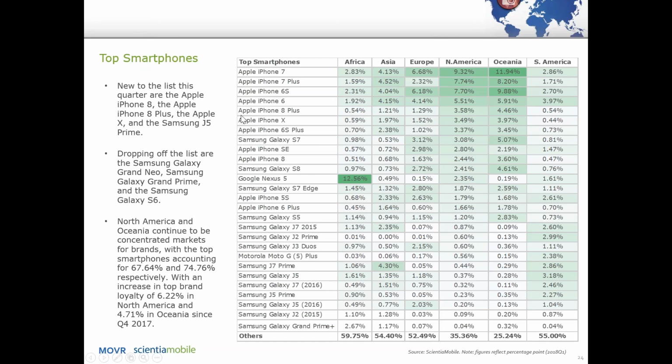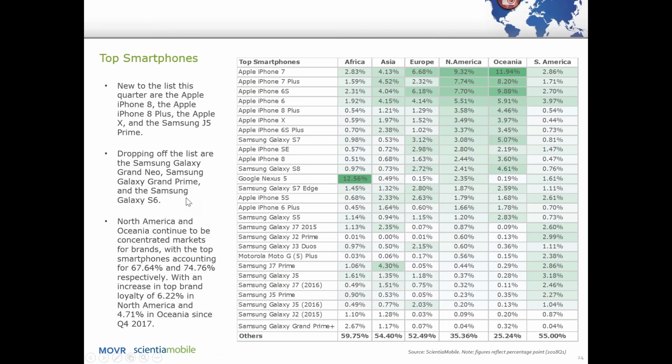So this is the first quarter we've started to see them, and in the U.S. and Oceania, that being Australia and New Zealand, they have pretty strong adoption patterns, and we're continuing to see it grow across a number of different continents. Dropping off the list, we saw the Galaxy Grand Neo, the Grand Prime, and the Samsung S6 drop off the top smartphone list.